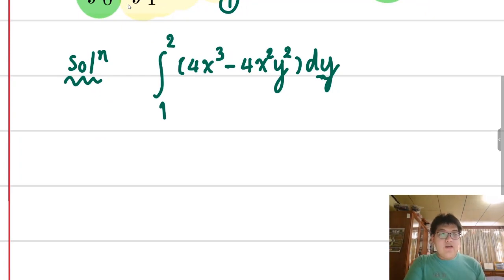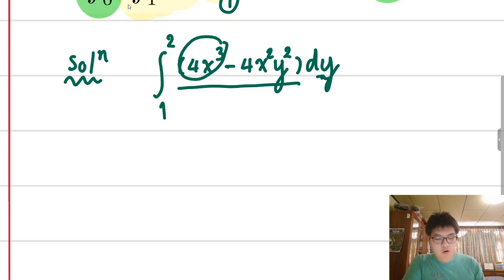Does it mean the other variable in this equation, other than y, we treat like a constant. Then you look at 4x cubed. That means this whole thing is a constant, so you can move it out like this.